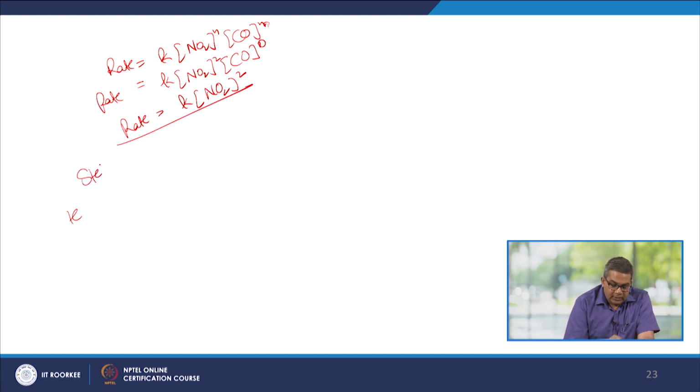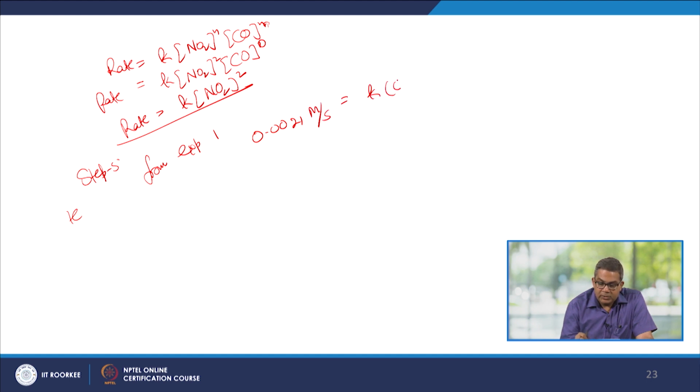Now step 5: you need to substitute the concentration and rate for any experiment into the rate law and solve for k. So from experiment 1, 0.0021 is equal to k times 0.10 squared.